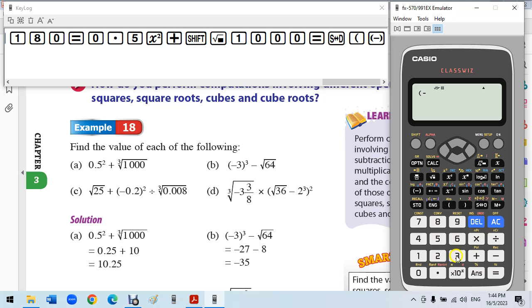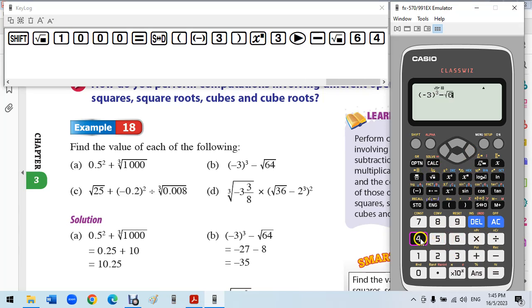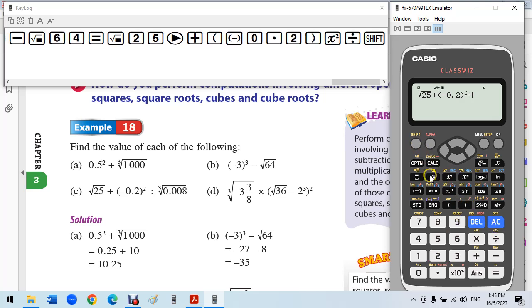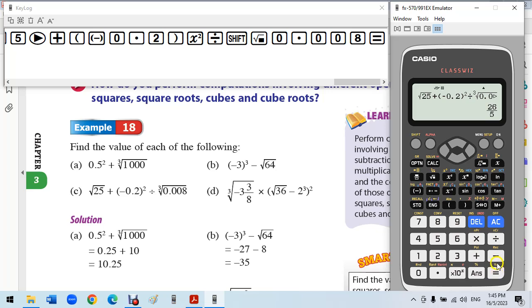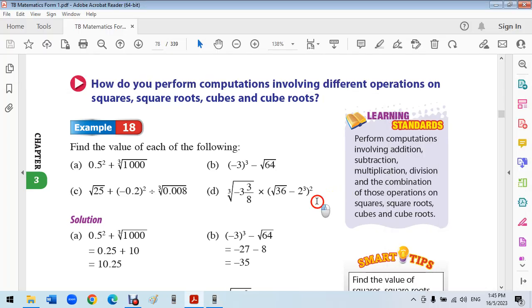Okay, negative 3 cube minus square root of 64, so negative 35, square root of 25 plus negative 0.2 square divided by cube root of 0.008. So the answer is 5.2.